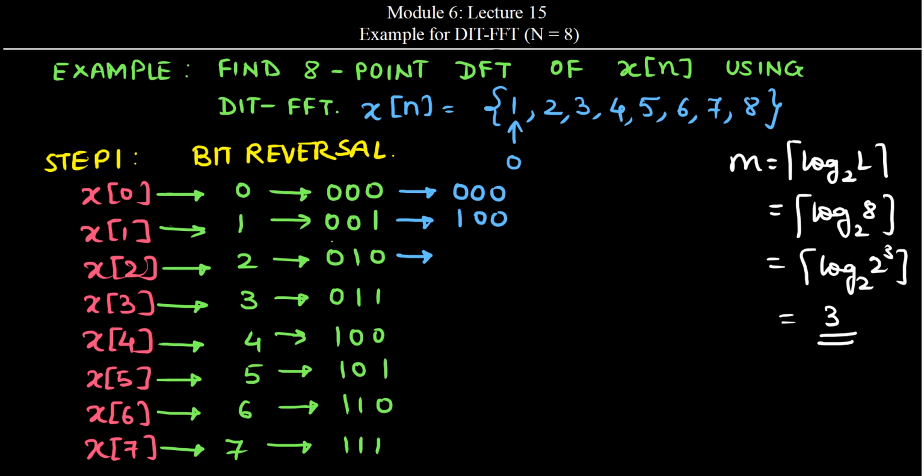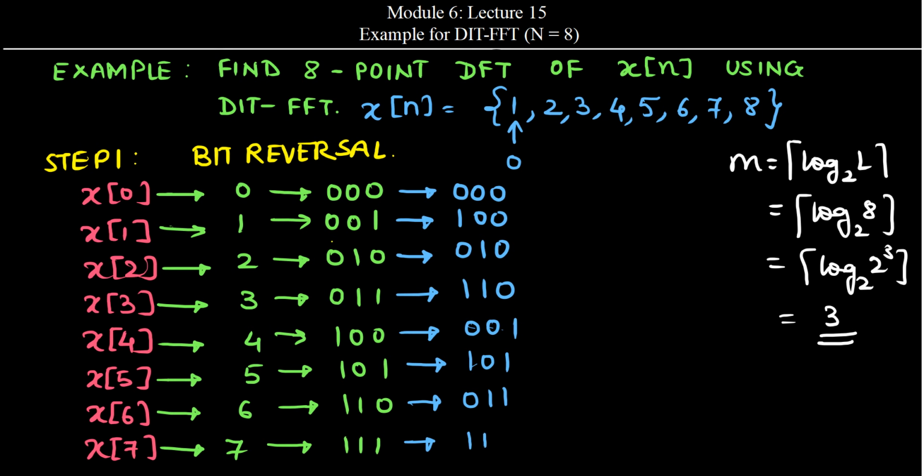This 0, 1, 0 would be as it is. This 0, 1, 1 would now be 1, 1, 0. This 1, 0, 0 after bit reversal would be 0, 0, 1. Then this 1, 0, 1 would remain as it is. This 1, 1, 0 would become 0, 1, 1, and this 1, 1, 1 will remain 1, 1, 1.